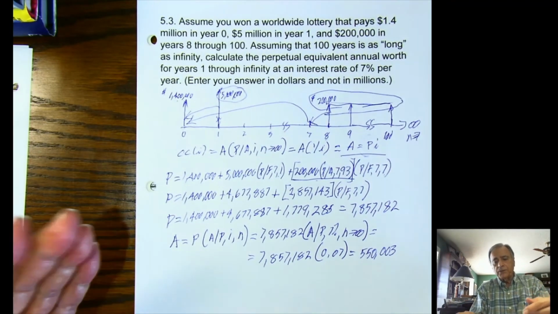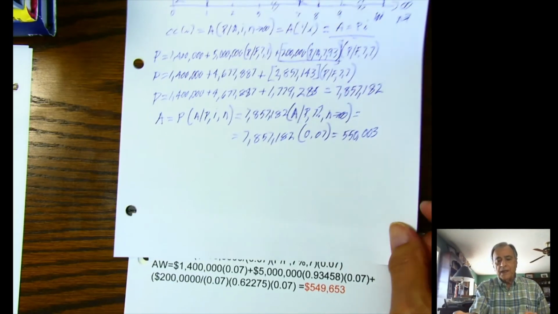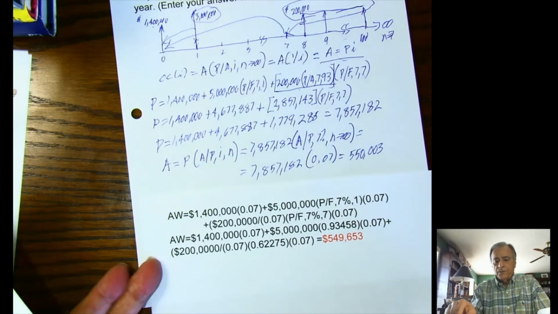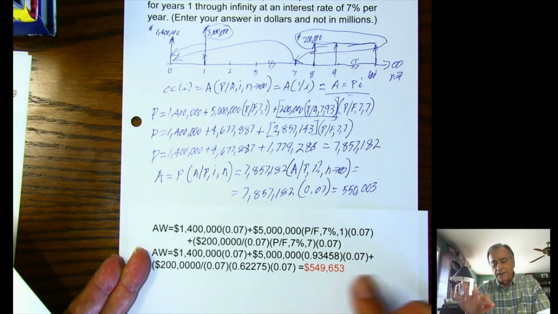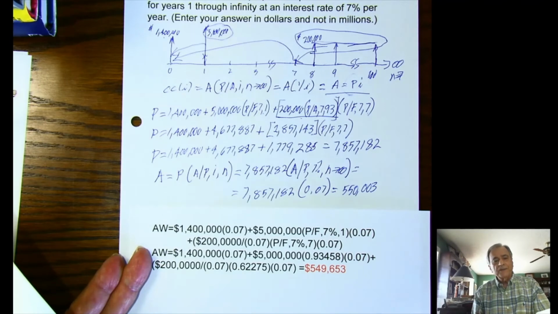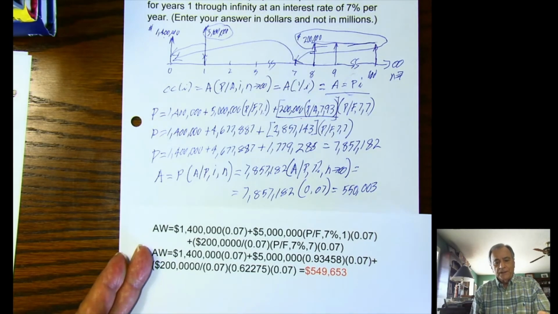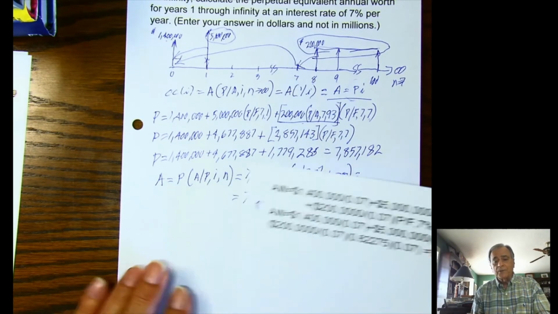The author really wanted you to just assume that series went to infinity, and if you did that, you got an answer of 549,653. They're off by about $350. That is a very small percentage of nearly 8 million, or 550,000, either way you want to look at it.